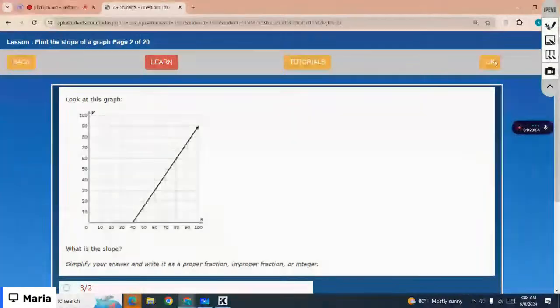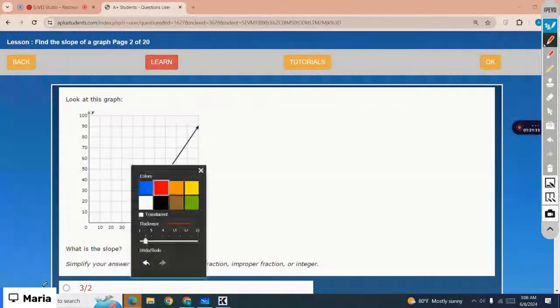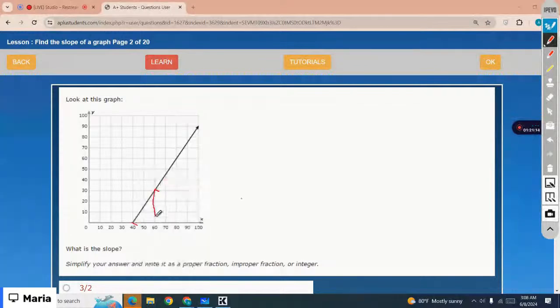Look at this graph. What is the slope? So let's just find two points on the graph and calculate. Let me tell you one easy way to calculate the slope, right? Just select any two points, this one and this one. Now just make a triangle like this. This is change in y, right? Change in y is 3 and change in x is 2. That means the slope is 3 over 2.